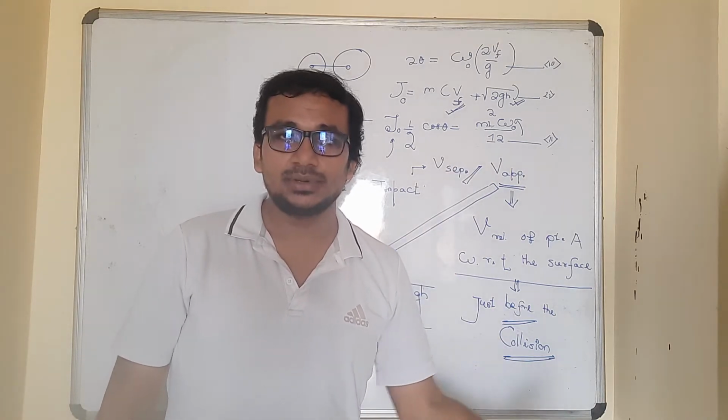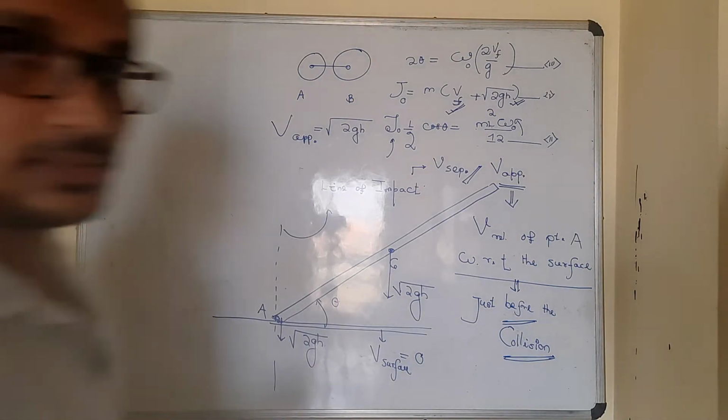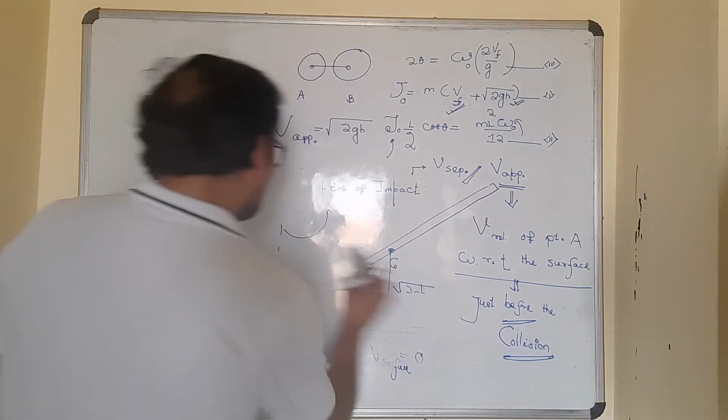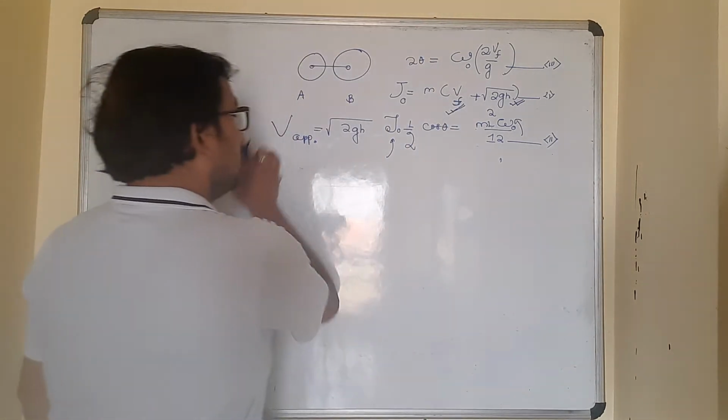So just after the collision, we'll have two motional parameters. The rod will undergo combined motion.